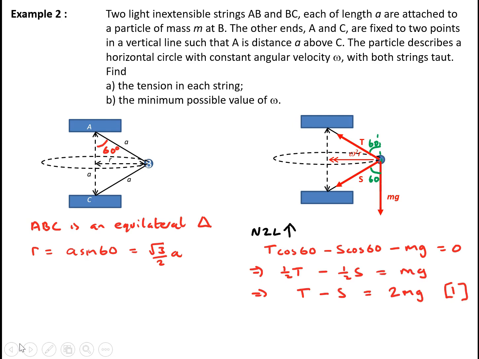That gives a half T minus a half S equals mg, because cos 60 is a half. In other words, T minus S must equal 2mg.